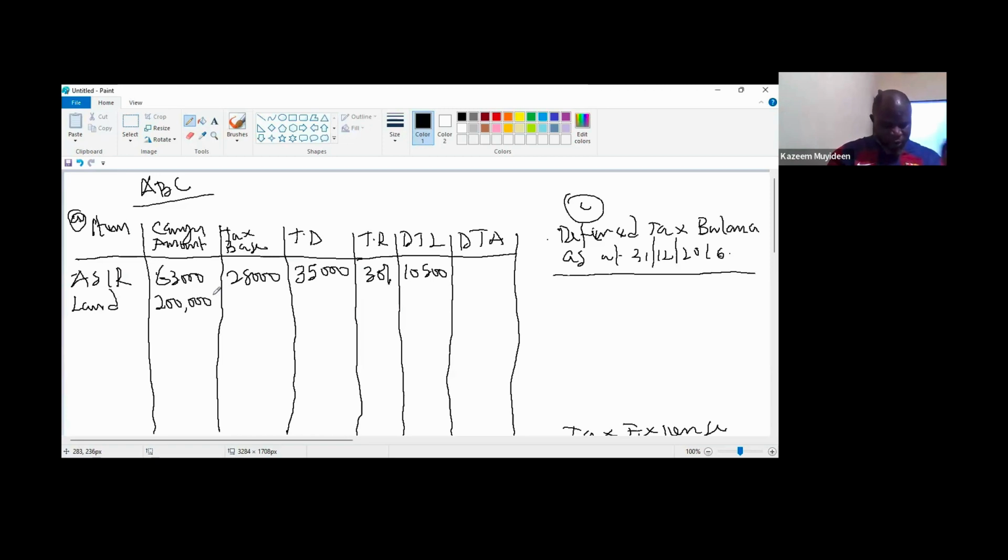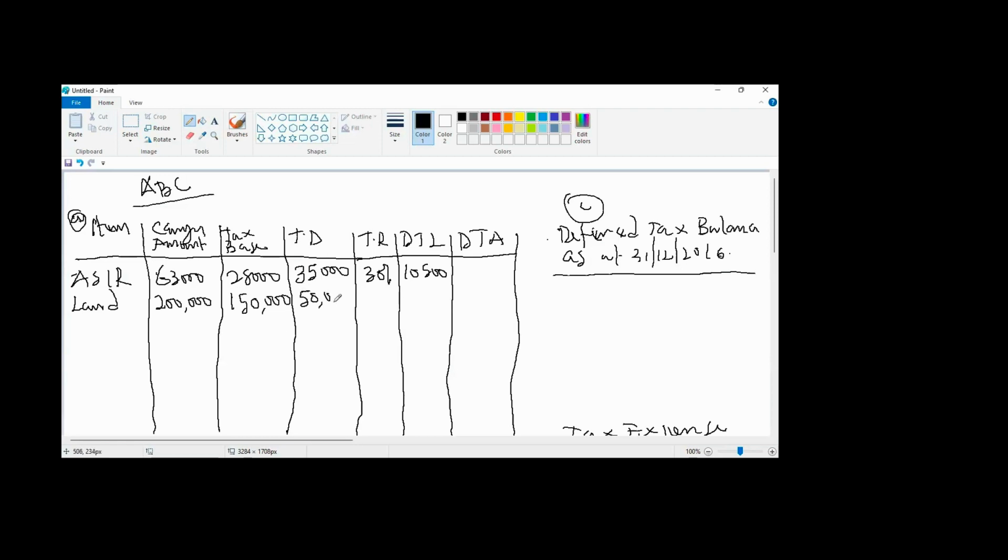The original cost of the land was 150,000. Land is not subject to depreciation. They revalued by 50. Who uses the revaluation model? Accountants. What is going to be the tax base? 150,000, because the tax authority does not use the revaluation model. It is the cost of the land. So the temporary difference is 50,000. Tax rate of 30%.